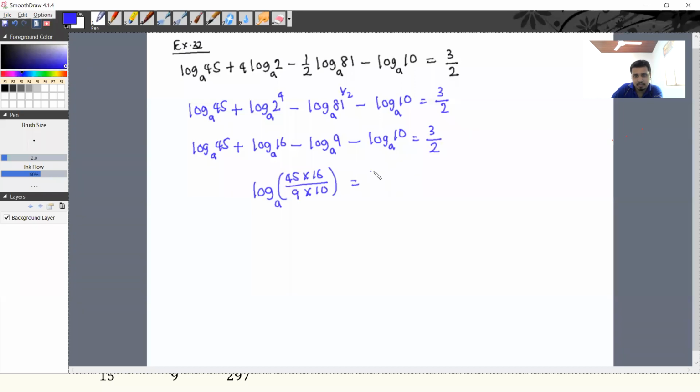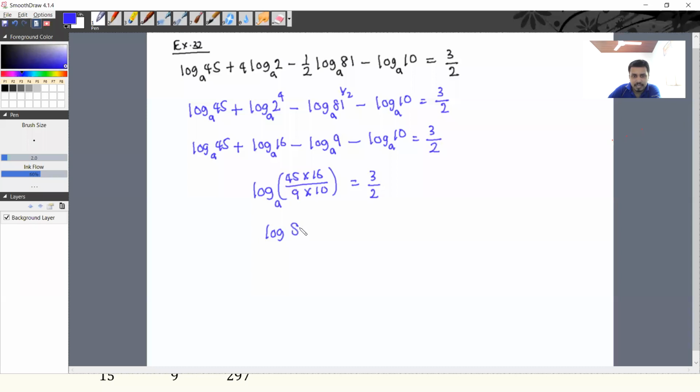This should equal 3 over 2. Once we simplify this, 45 into 16 divided by 9 into 10, which is 90. 45 into 16 is 720. 720 divided by 90 is 8.